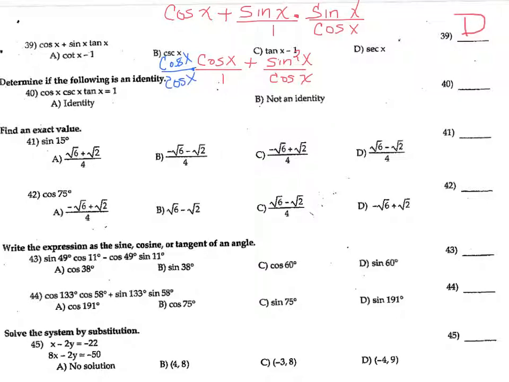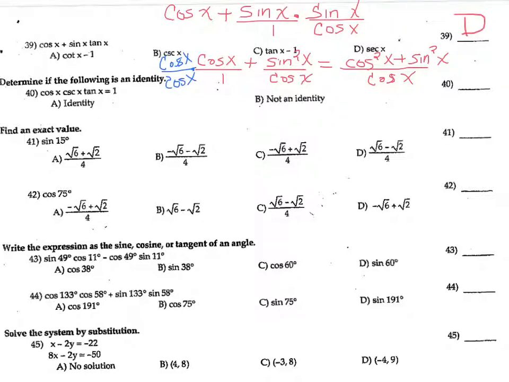And then when you rewrite that, that's going to be cosine square of x plus sine square of x all over cosine of x. Do any of you remember what cosine square of x plus sine square of x is? If you don't, then look at the identity formula.